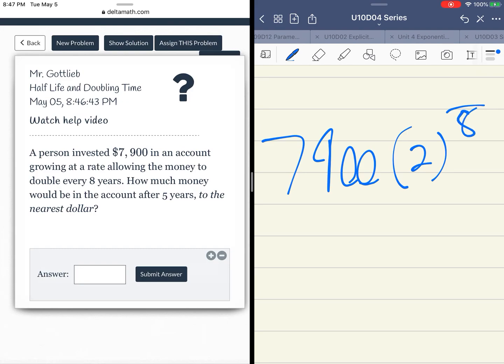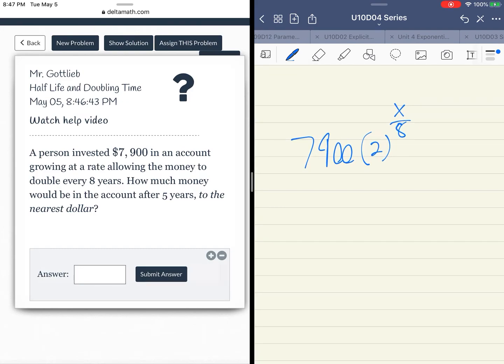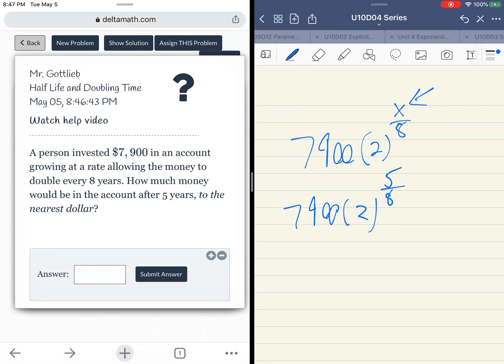So until x becomes 8, it won't double. If you're asked how much it would be after 5 years, you would have $7,900 times 2, but only 5/8 of the time period took place. So we would just calculate that using a calculator.